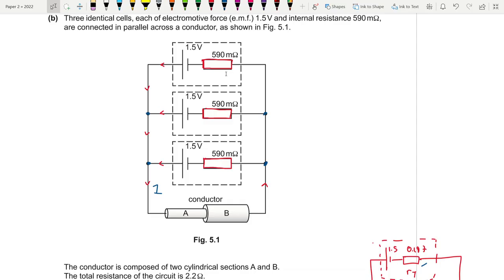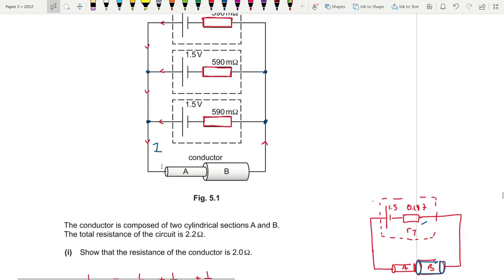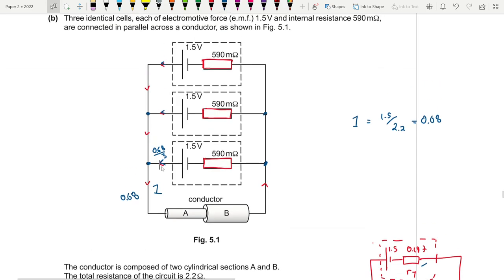Do you guys want to see the second method to do this? So you find out current, which is 1.5 by 2.2, which is 0.68. Now 0.68 is the current through here, right? But over here, current is split into 3 equal parts as 0.68 divided by 3, okay, because they're identical. Now we can apply Kirchhoff's second law.